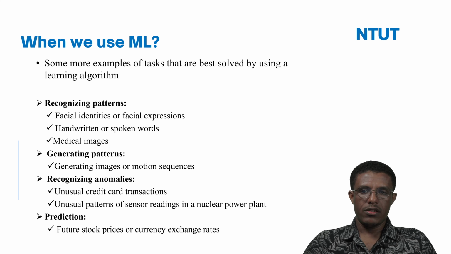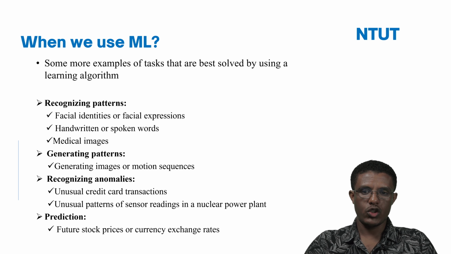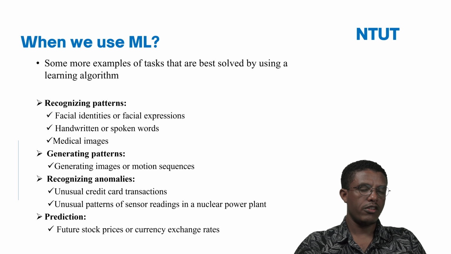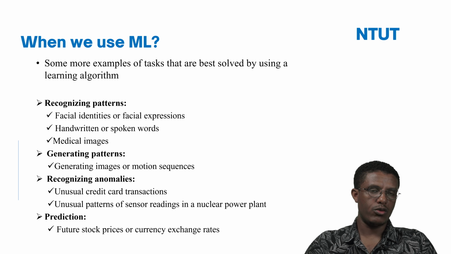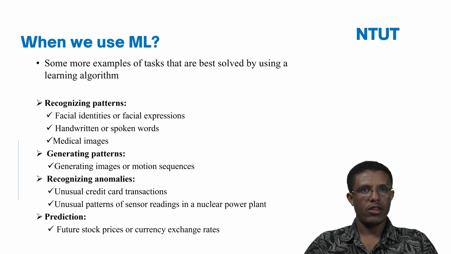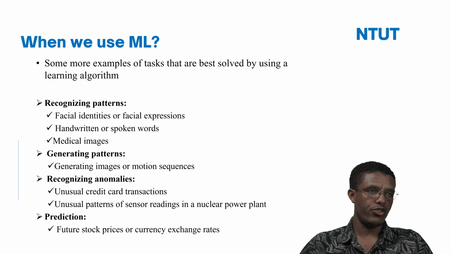Another area where machine learning is highly applicable is generating patterns, like generating images or motion sequences. Recently generative artificial intelligence is a hot topic. That means we can generate different images using text captions, such as text to image or image to image, and also different ways of transcription or generation.